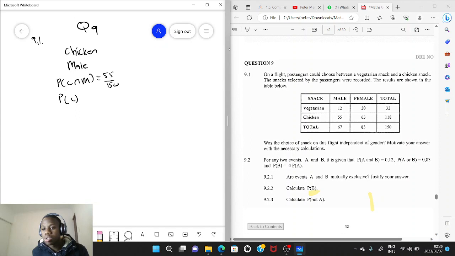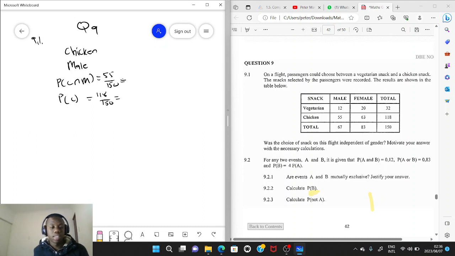The total number of people who eat chicken is 118, so 118 over 150.